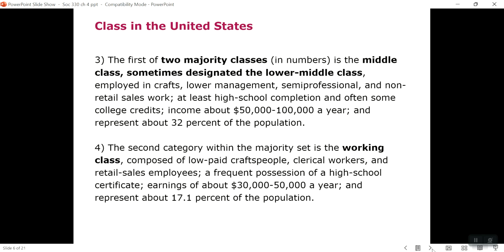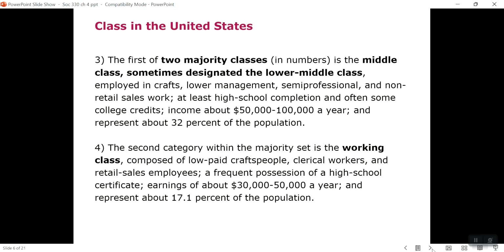The second group, of the 2 larger ones, the 32% and the 17%, is the working class. These are people who typically have a high school diploma, maybe a certificate, maybe a little bit of college, maybe an AA or certificate from a community college, but these are typically people who are making around 30 to 50K a year. Lots of people in this category are clerical workers.